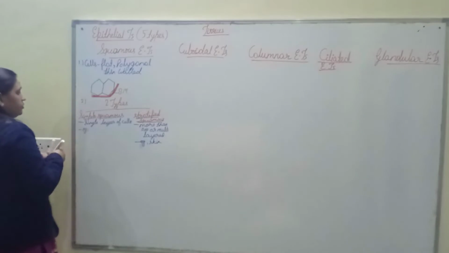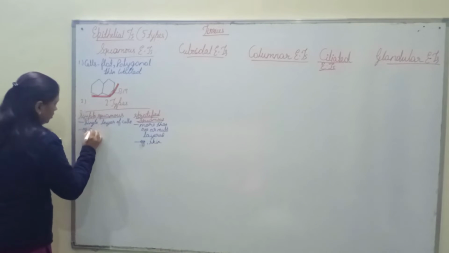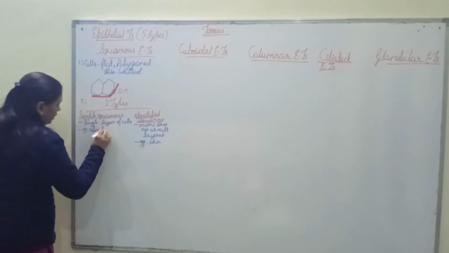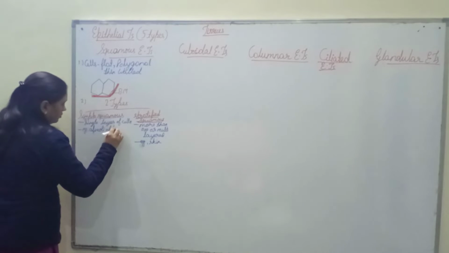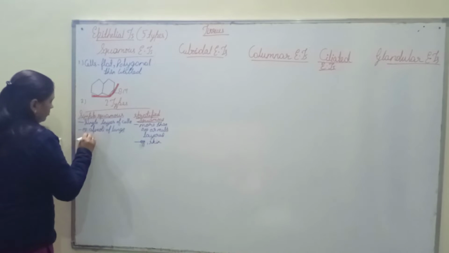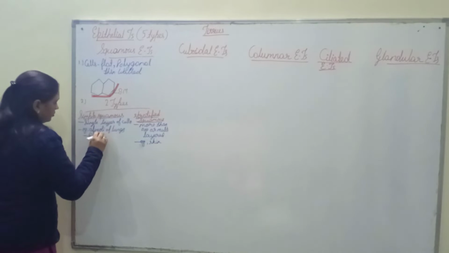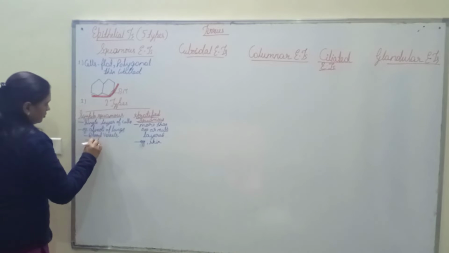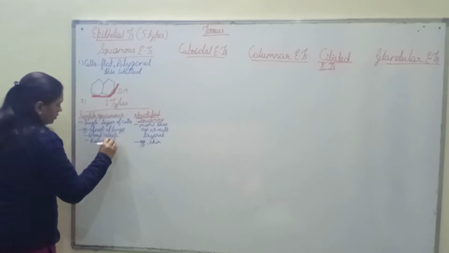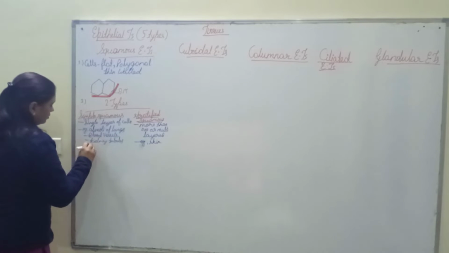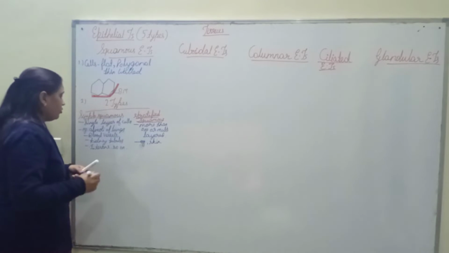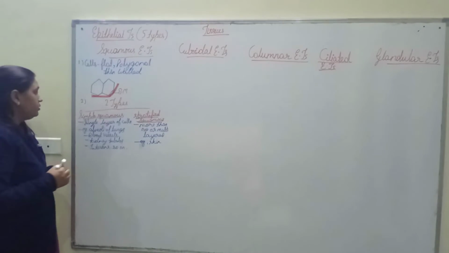So examples of simple squamous are alveoli of lungs, blood vessels, kidney tubules, intestine, and so on.